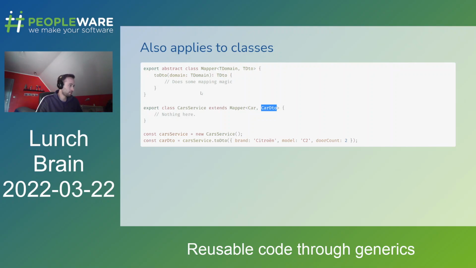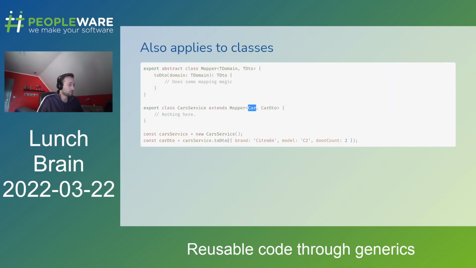which tells the compiler, okay, when you're using the cars service and you're calling the toDTO function, this car is passed to T domain. T domain enforces the toDTO function to have this parameter of the T domain type. So a car should be passed as a parameter to the domain parameter.